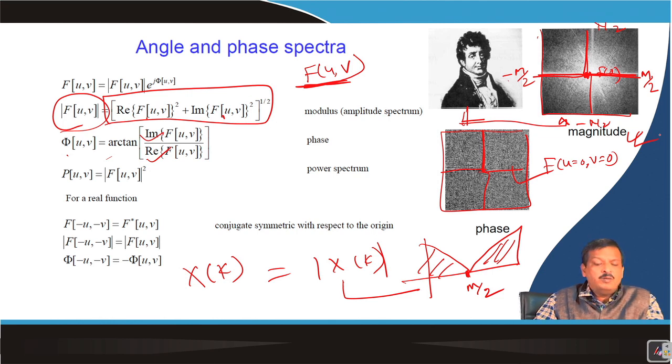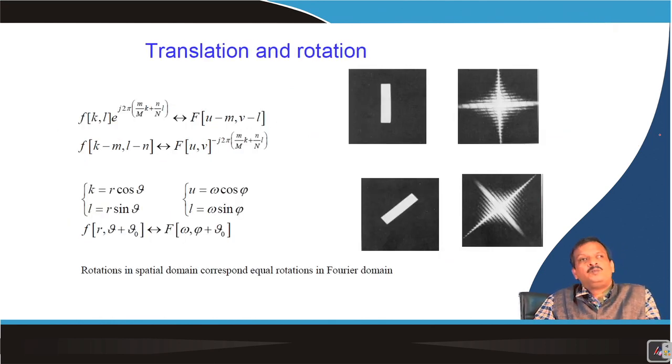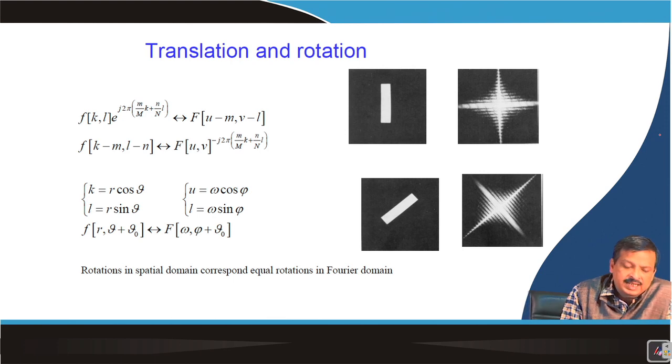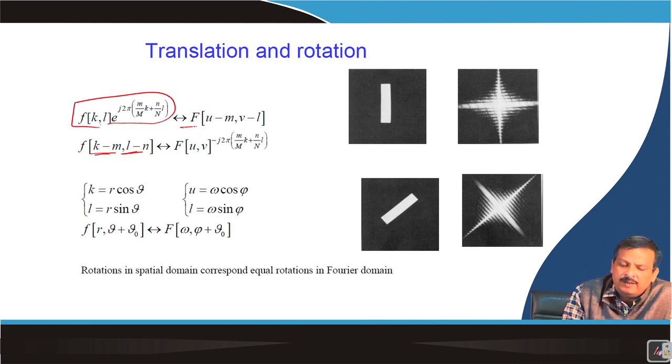Okay. Now, if I go to translation, instead of, let us say, k minus m or l minus n, this is nothing but F of k e to the power j of this part. So, I take a shift in the frequency domain, u minus m, v minus l. Okay.